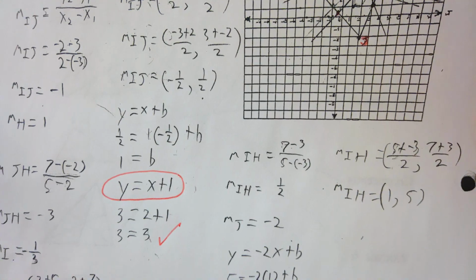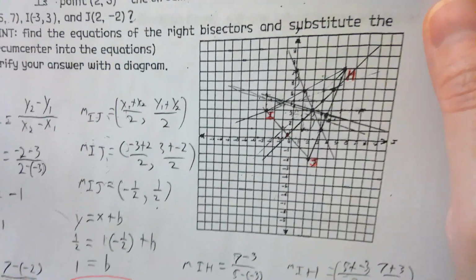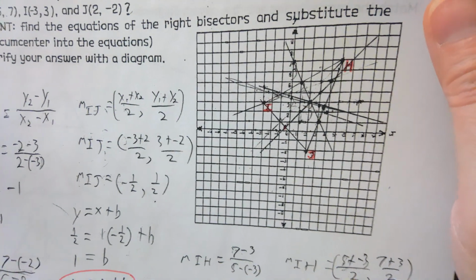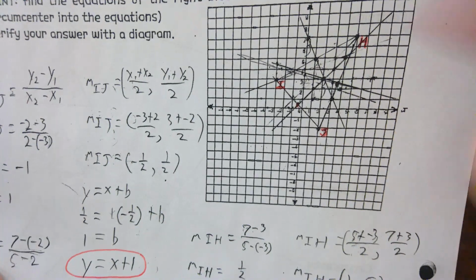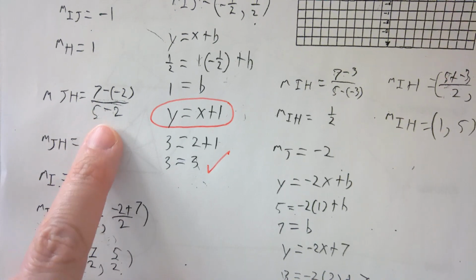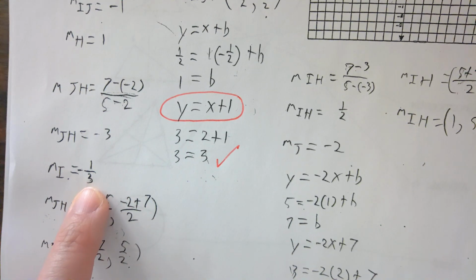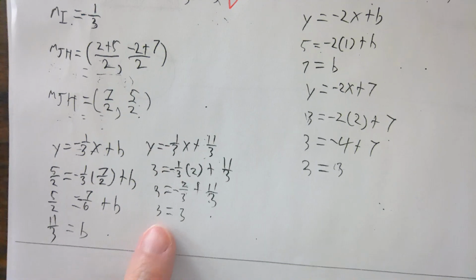Then we'll do the second one, right here, JH. On the test, I'm not going to ask you guys to do it 3 times because that would be a waste of time. So for JH, doing exactly the same thing: finding the slope, the negative reciprocal slope, finding the midpoint, and plugging it into y equals mx plus b.